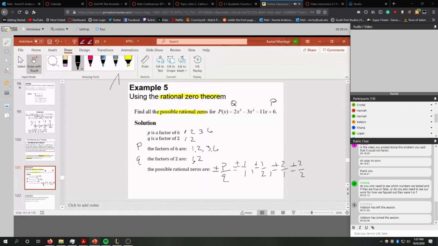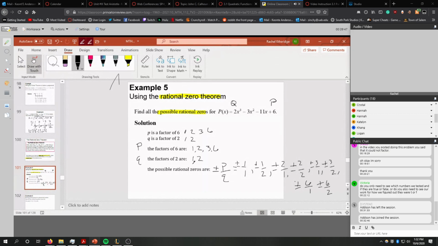Then I've got to do all the 3's over the Q. So I've got plus or minus 3 over 1, plus or minus 3 over 2. And now I've got to do the 6's. So I've got plus or minus 6 over 1, plus or minus 6 over 2.